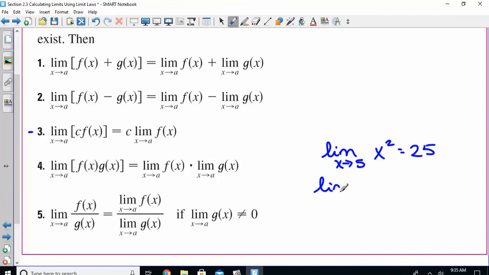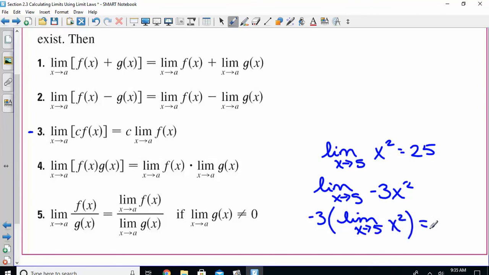If I asked you to find the limit as x approached 5 of negative 3x squared, it's telling us if you have a coefficient like this, if I'm multiplying by a constant, I could take that out in front of the limit. And I already told you that the limit as x approaches 5 of x squared was what? 25. So now all I have to do is 25 times negative 3 to get my answer.